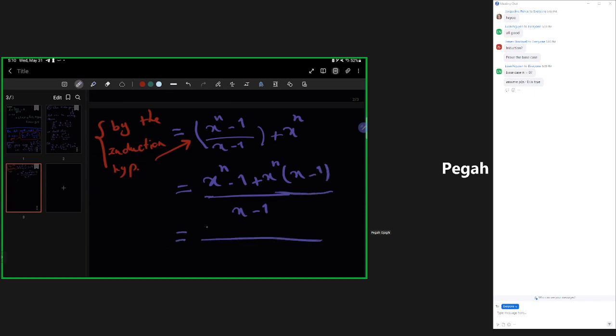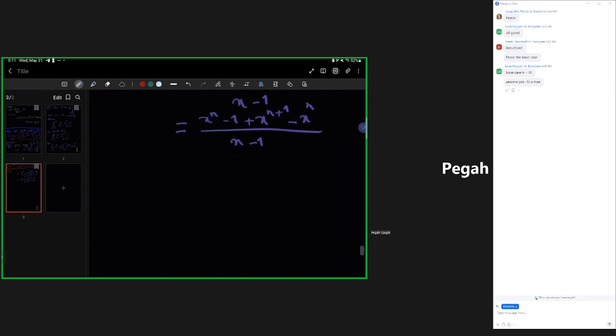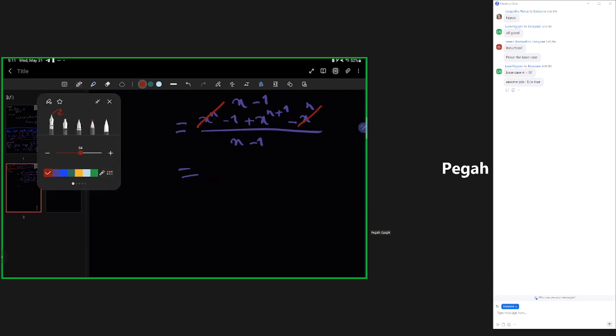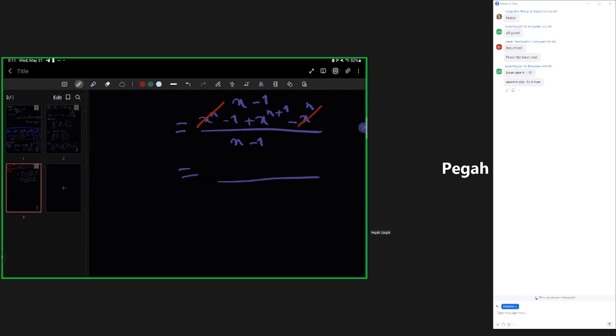What's going to happen? This is going to be xn plus 1 minus xn. These cancel each other, and then we get xn plus 1 minus 1 over x minus 1.